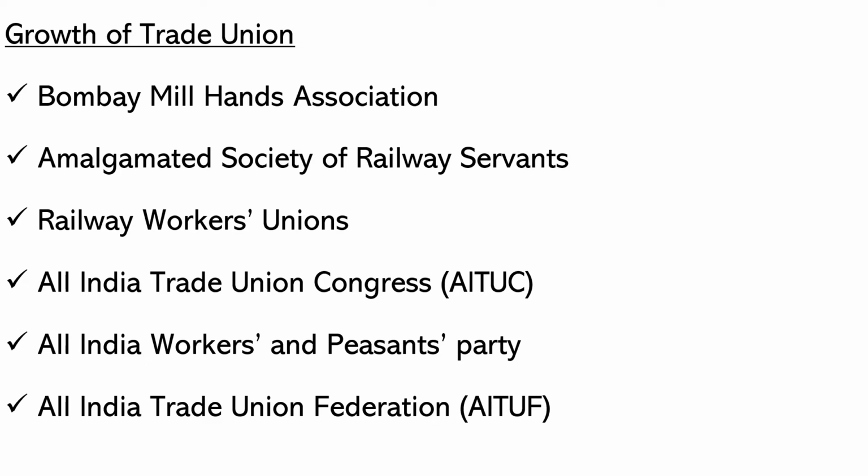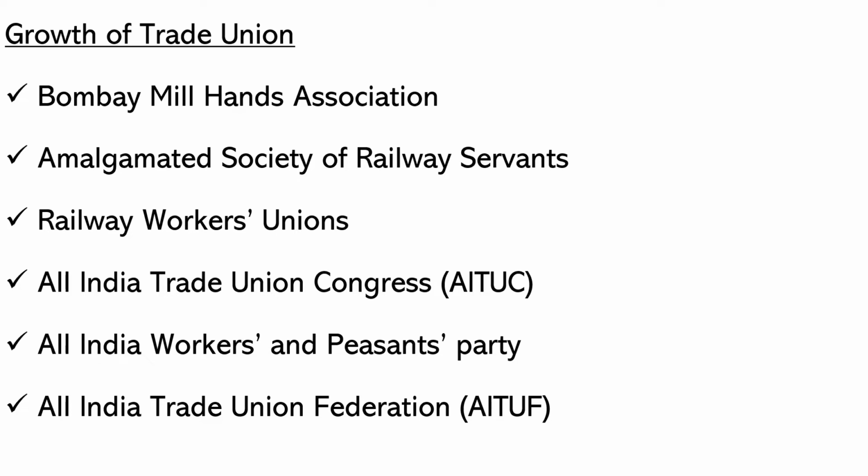Then in 1928, workers and peasants united together to form the All India Workers and Peasants Party. Next, in AITUC there was a split, and AITUF was formed under the leadership of NM Joshi.